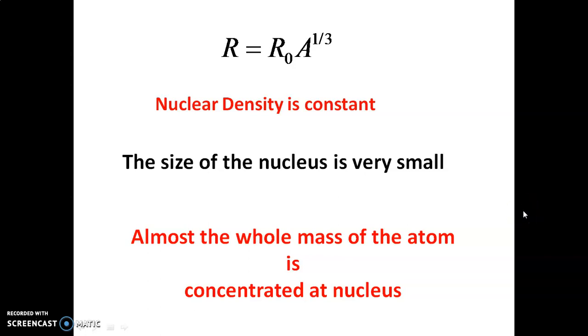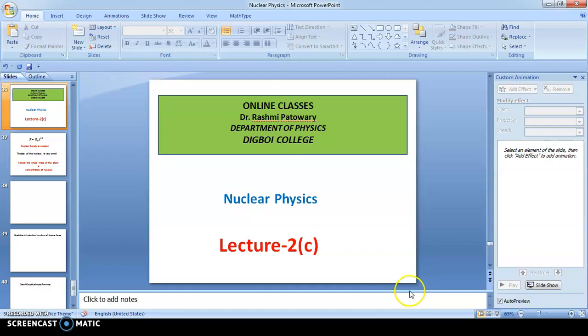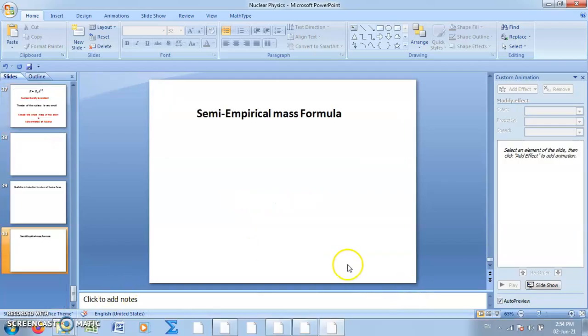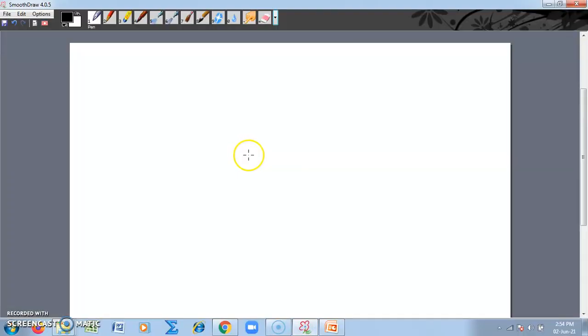So obviously from the third and the fourth we come to know that density must be very big, otherwise how would such a huge quantity of mass be concentrated inside the nucleus. Now students, let us look at a nucleus.